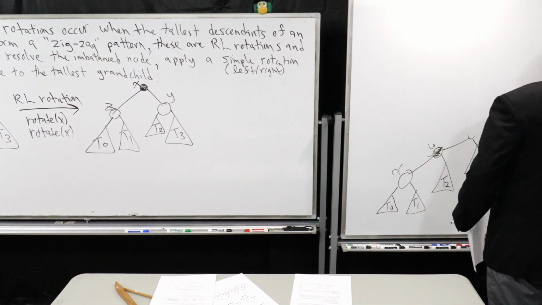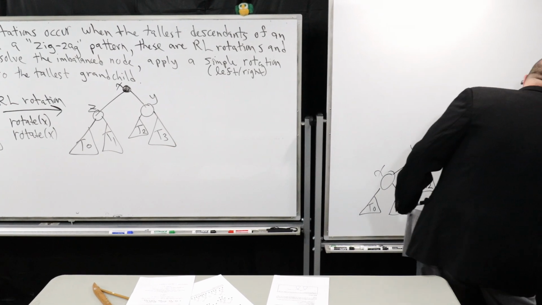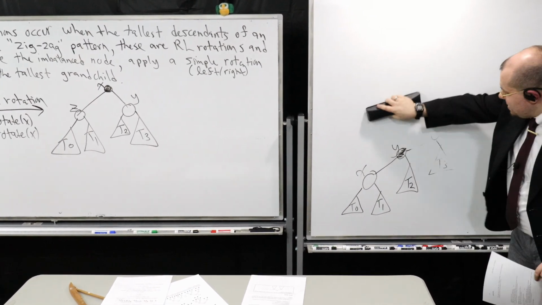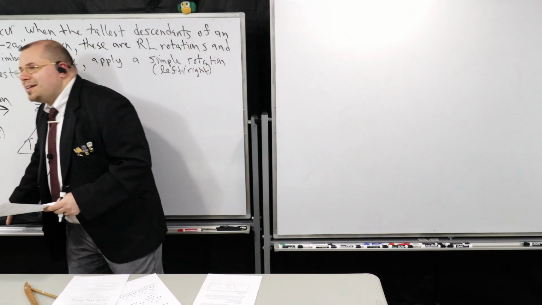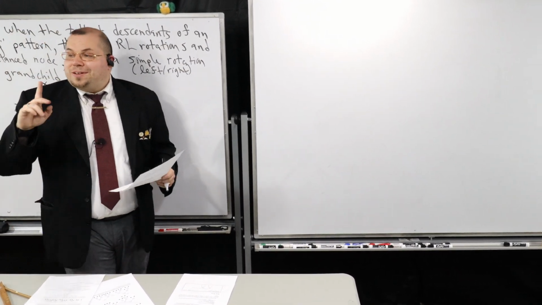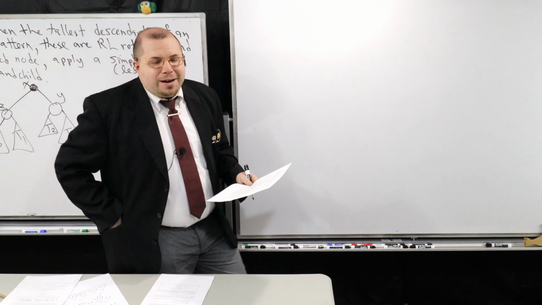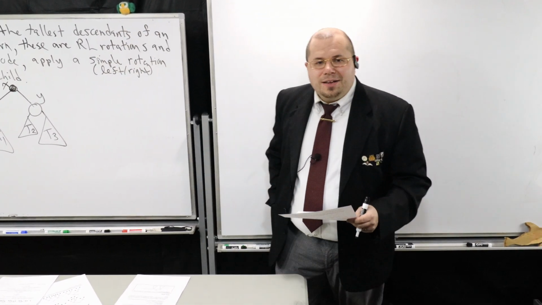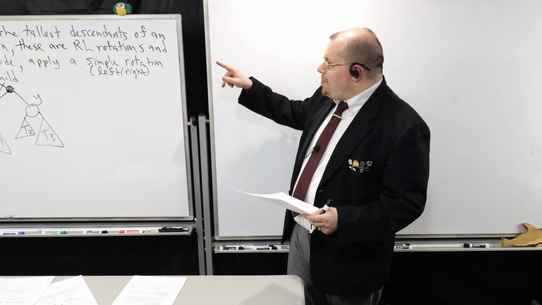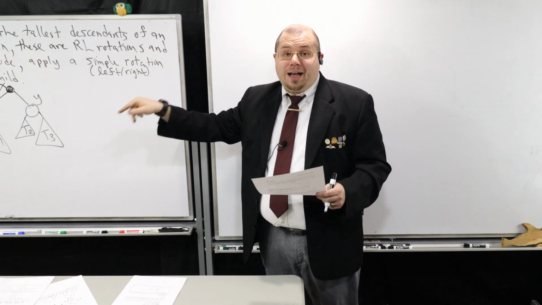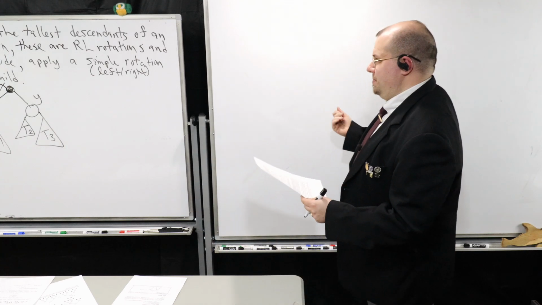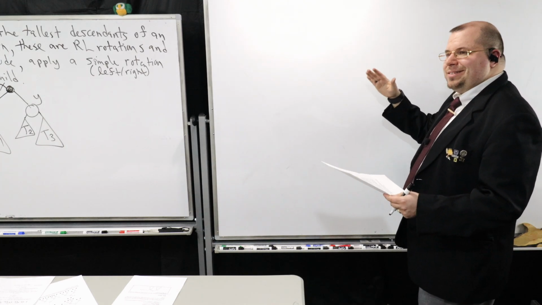So let's see what happens. If somebody's asking, how do I know that I have to pick that particular X? As I mentioned, you're going to be detecting where the Z, Y, and X line up. Does it go right and then left?